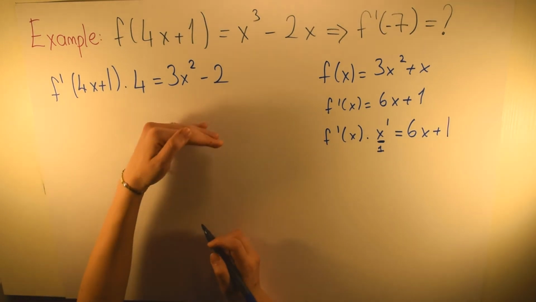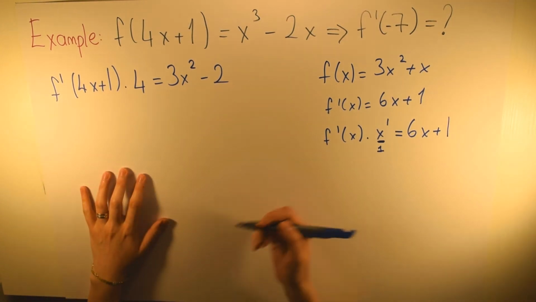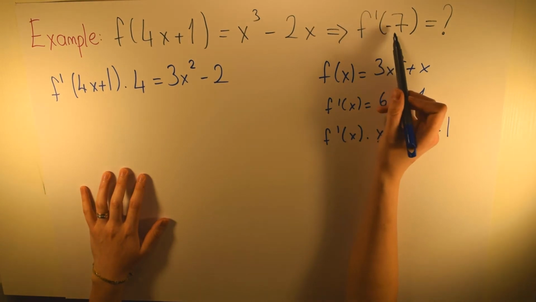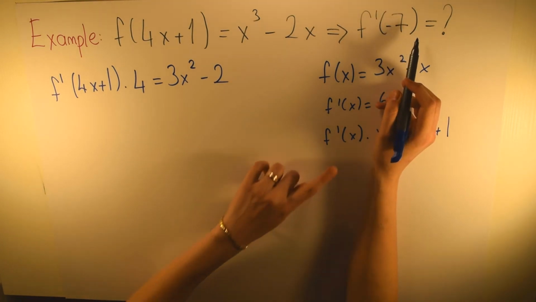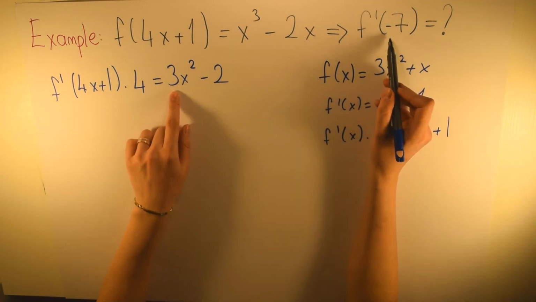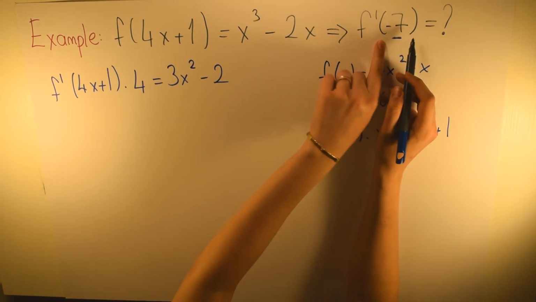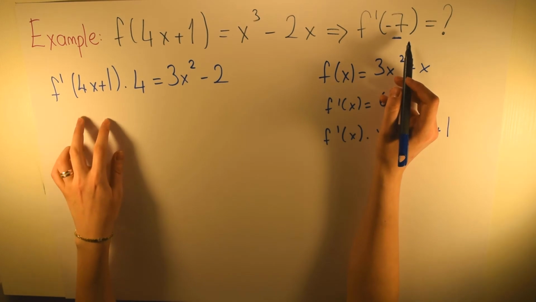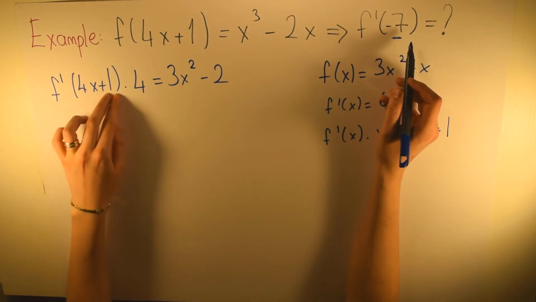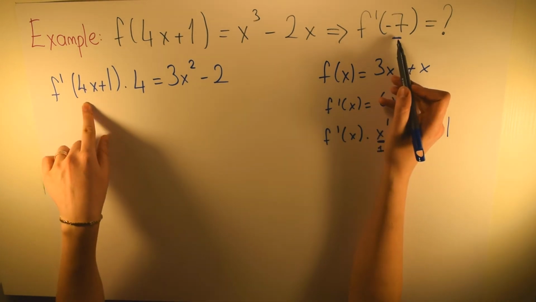Okay, after this step, the question asks the derivative of f of minus 7, right? So instead of x, we don't put minus 7. Don't do that. What we do, we should first make this part equal to minus 7.